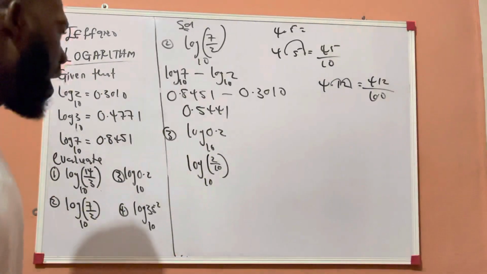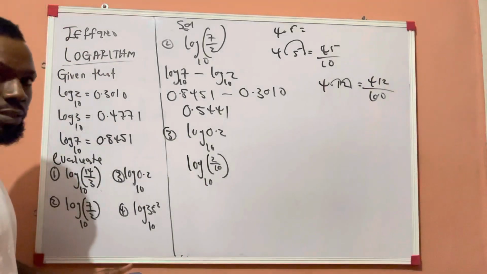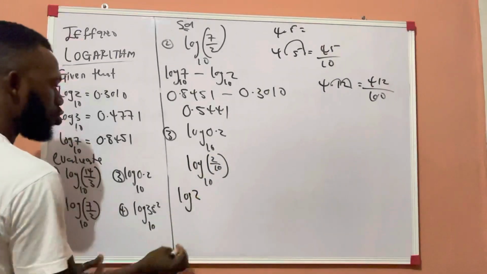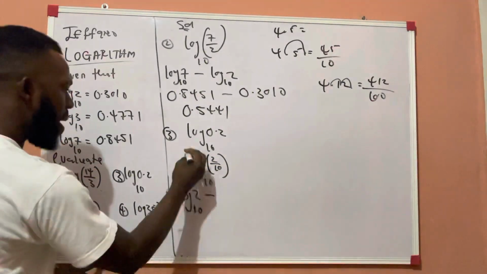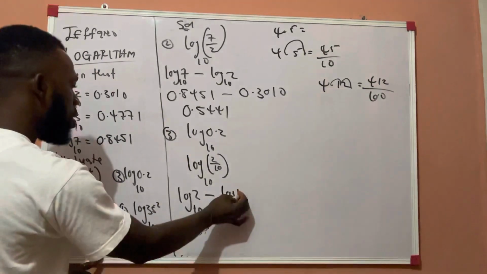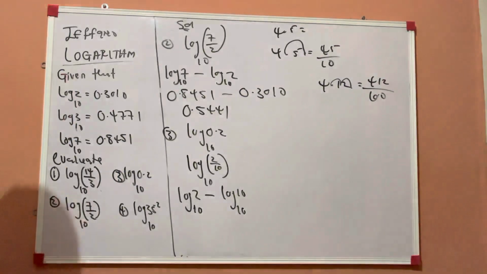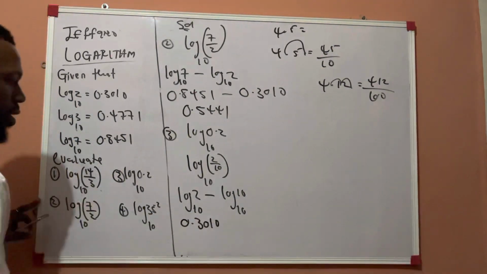Without wasting time, our division becomes minus, expanding. So here becomes log, the first number is 2, division becomes minus, log 2 base 10 minus log 10 base 10. Now, log 2 base 10 was given in the question to be 0.3010 minus.